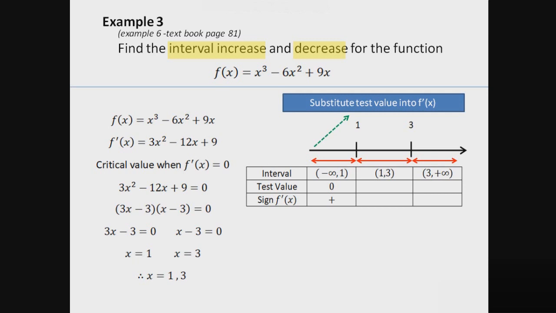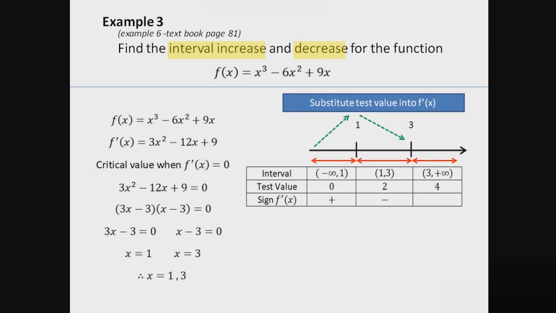So let's move to the middle interval. So at the middle here is 1 up to 3. So the test value, let's say, is 2. So substitute 2 into f prime x, we will get the sign of f prime x as a negative value. So this interval has a decreasing function. Okay, for the last interval, the open interval of 3 up to positive infinity, let's say we take 4 as the test value and substitute into f prime x.